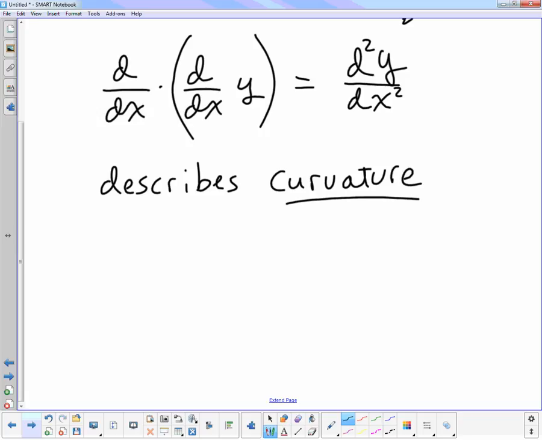You can be positive curvature or negative curvature. If my second derivative is greater than 0, if it's a positive second derivative, that means that I am curved concave up.